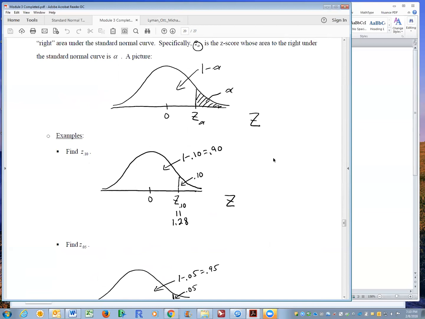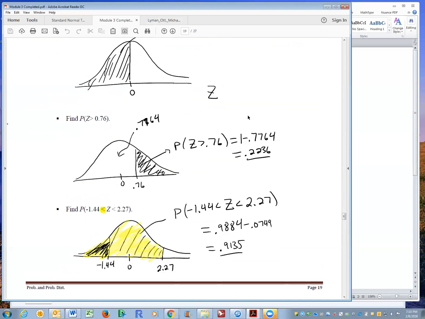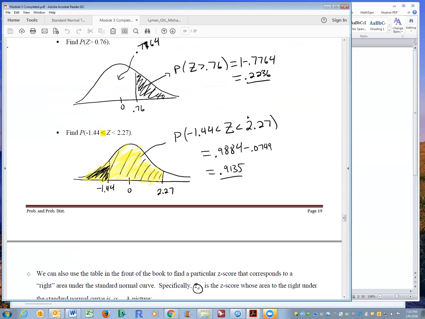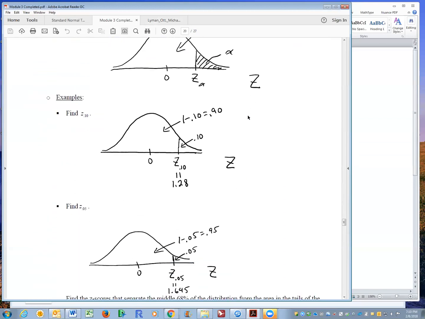It kind of feels like we're working backwards to get the percentile. That's exactly what you're doing. You're working backwards as compared to the process you use for page 19 problems. Yeah, that's the way to describe it.